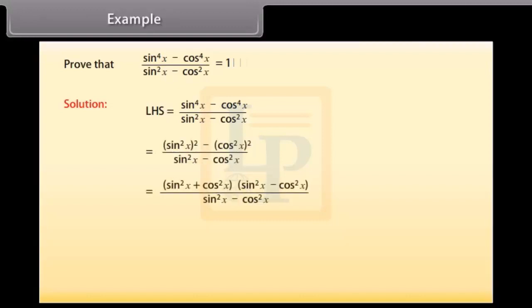On solving the left-hand side, which is sin raised to the power 4x minus cos raised to the power 4x whole upon sin square x minus cos square x, we get 1. And this is equal to the right-hand side. Hence, the expression is equal to 1.